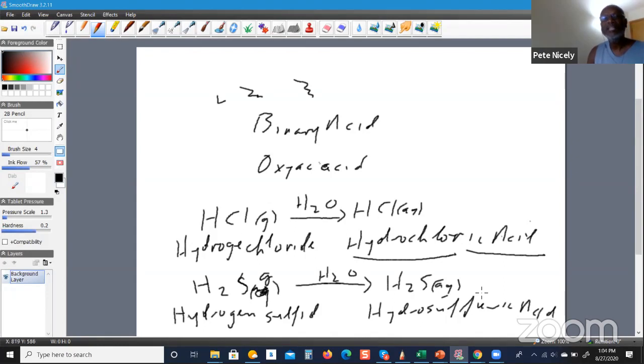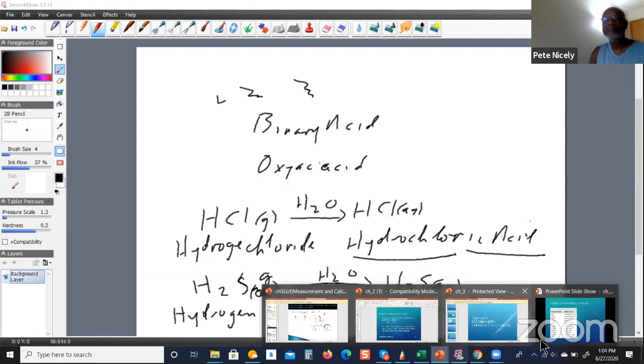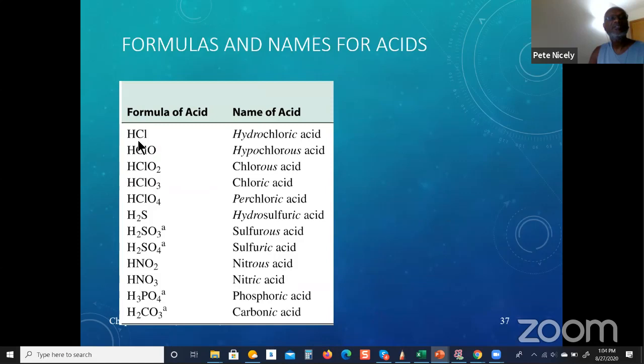So that's basically how we name these binary acids. These are just two examples, and I have some others listed in this table right here. This is hydrochloric acid. This is hydrosulfuric acid. Those are the two examples I showed you earlier. And there are some others as well, which are not listed here. You can have hydrobromic, hydroiodic, and so on and so forth.